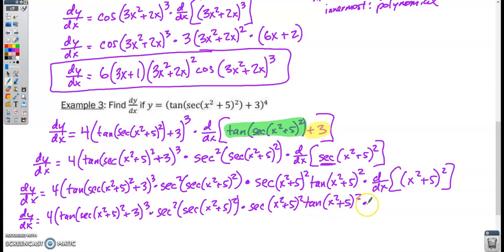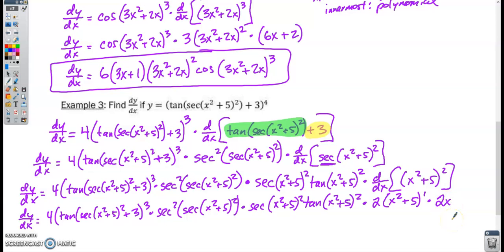Now you see what I mean about regretting this problem as soon as I wrote it. And now I'm going to take the derivative of the outside, leaving the inside the same. The derivative of the outside is the exponent, so this is going to be 2 times the quantity x squared plus 5 to the first, times the derivative of the inside, and I'm not going to rewrite a whole line to take the derivative of x squared plus 5. That derivative is just 2x.